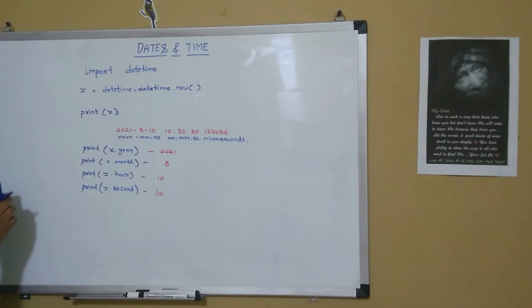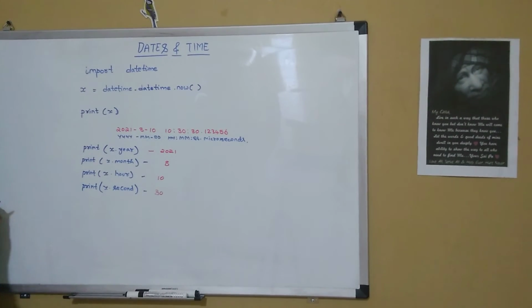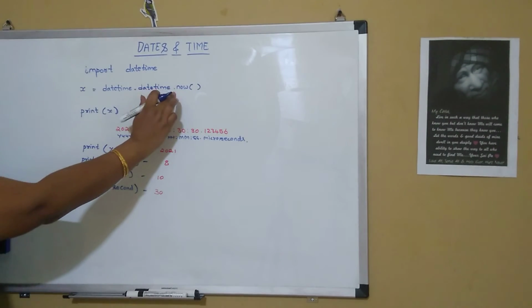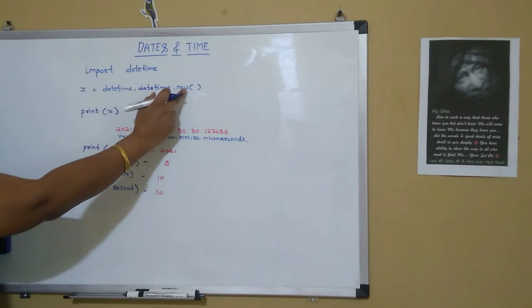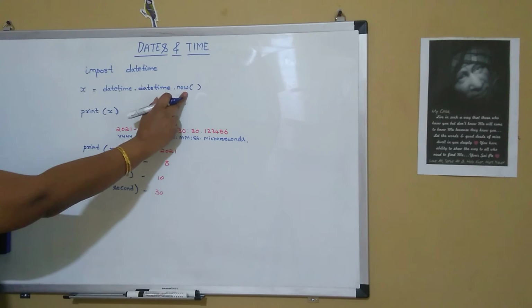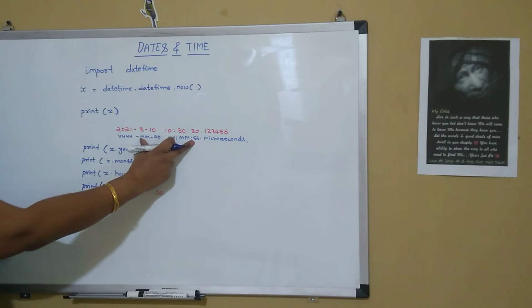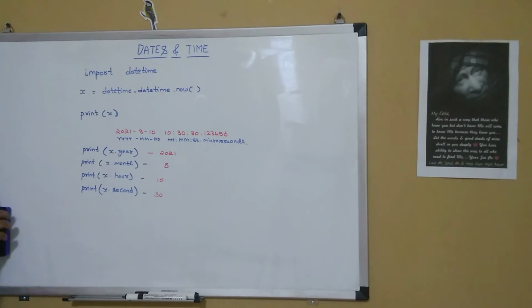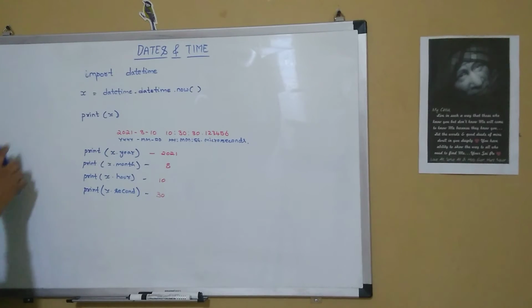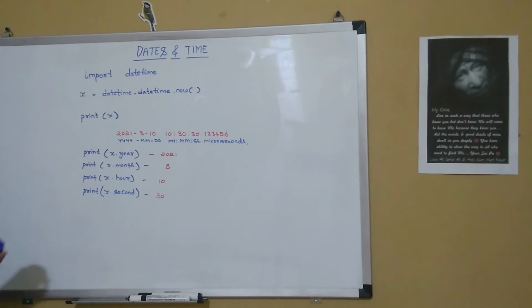We saw that within date we used the method today to retrieve today's date, and within datetime we used the method now and got the date as well as the time values.